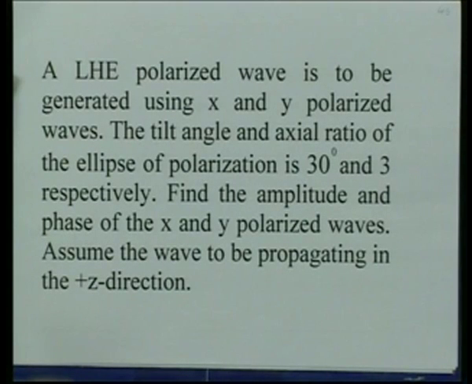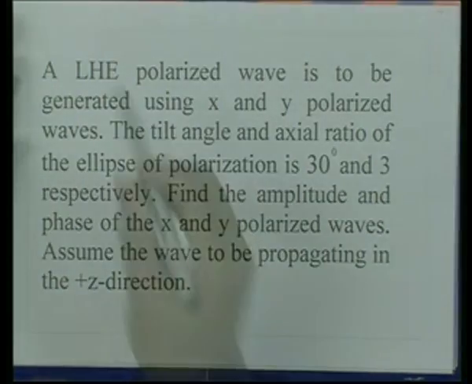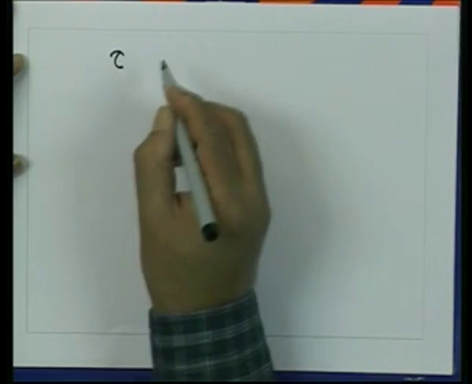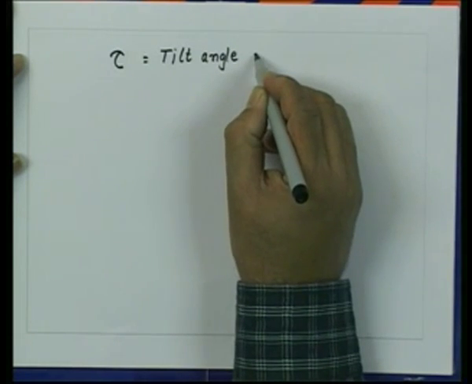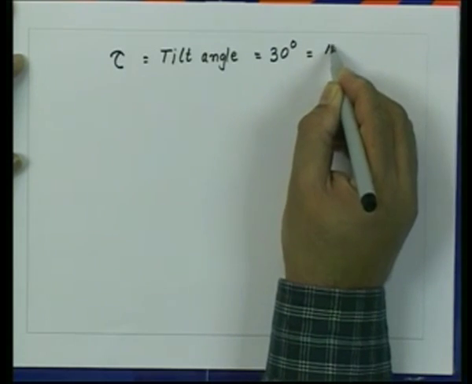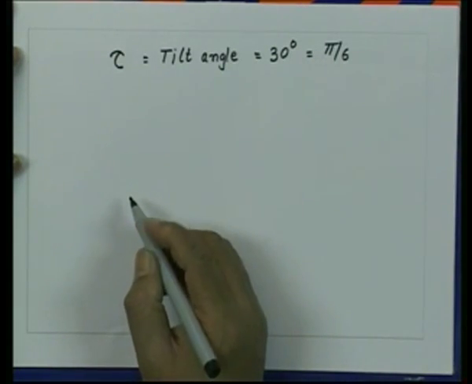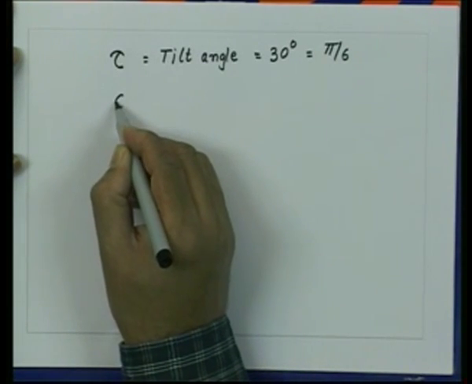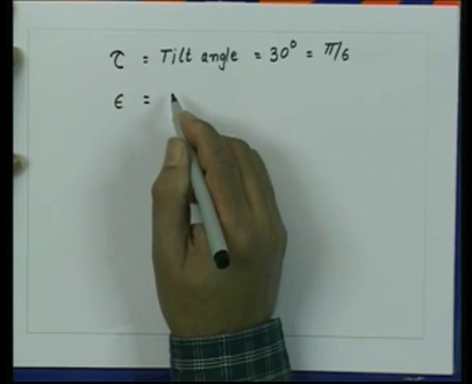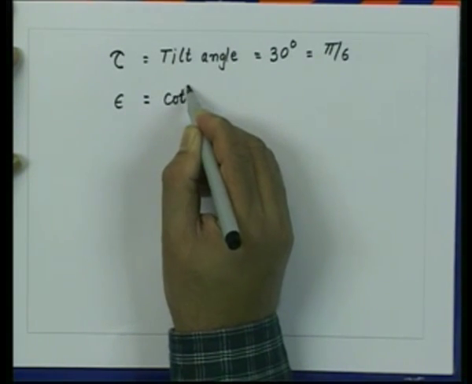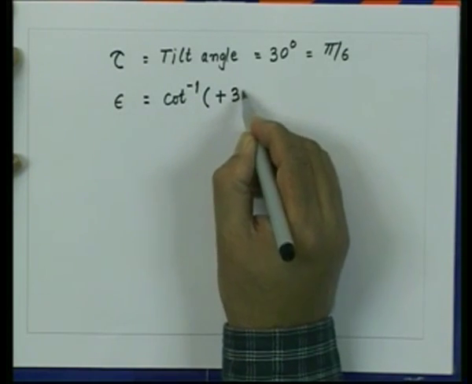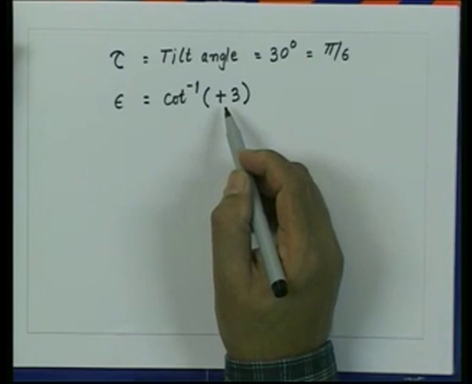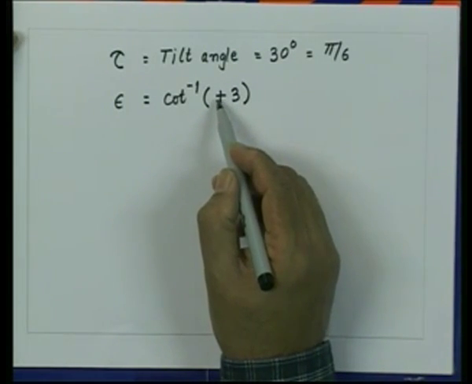So, for this problem, if we go to the notation which we have used in our analysis, essentially we are given the quantities, tau, the tilt angle, that is equal to 30 degrees, so equal to pi by 6 radians, and epsilon, which we have defined as cot inverse of axial ratio, and in this case the axial ratio is 3 with a sense of rotation which is left handed, and we have used the convention that left handed sense of rotation means positive sign.